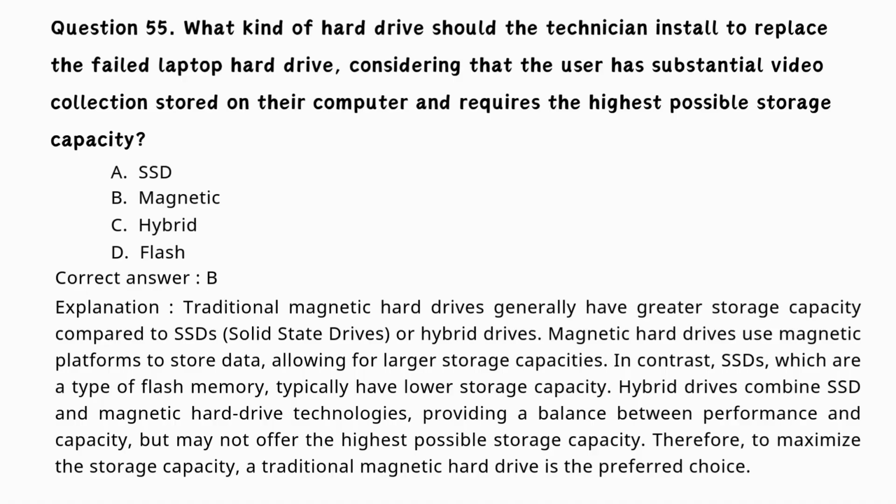Hybrid drives combine SSD and magnetic hard drive technologies, providing a balance between performance and capacity, but may not offer the highest possible storage capacity. Therefore, to maximize the storage capacity, a traditional magnetic hard drive is the preferred choice.